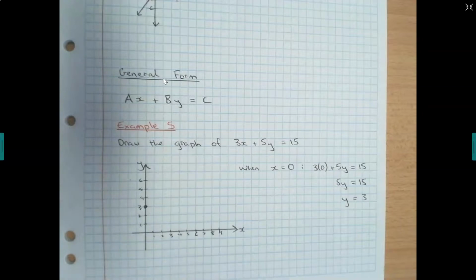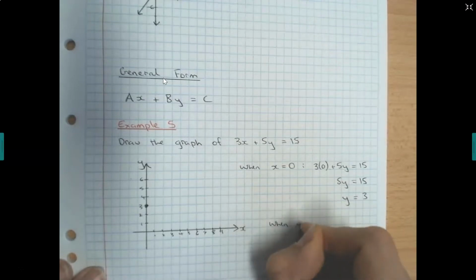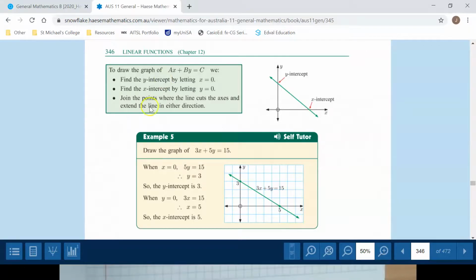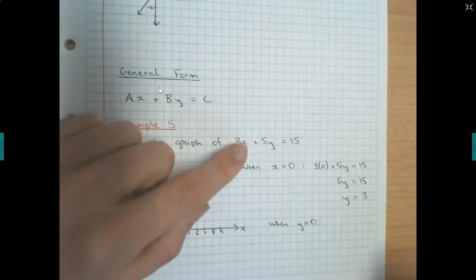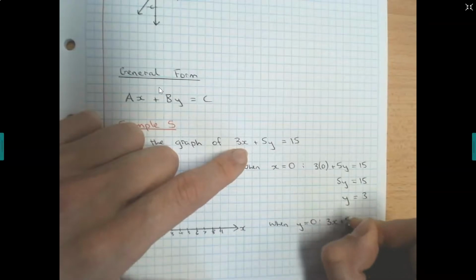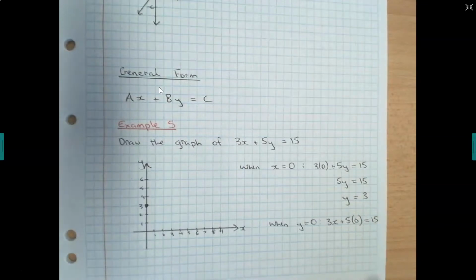Now, one point isn't enough for me to draw the graph, so I need one other point. When y is equal to 0, I can determine the x-intercept of the graph. So if I substitute y equals 0 into this equation, I'm going to have 3x plus 5 times 0 is equal to 15.